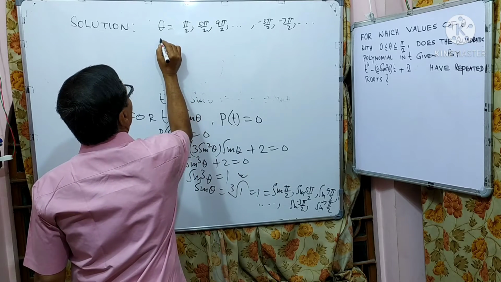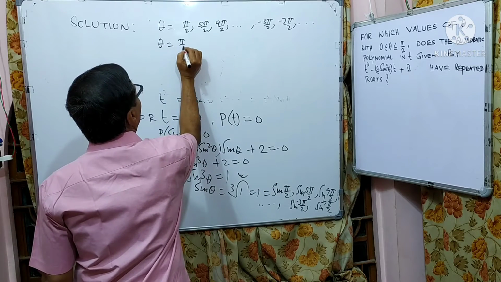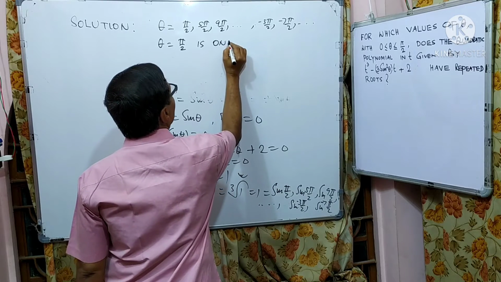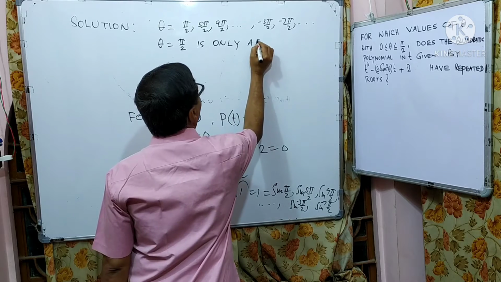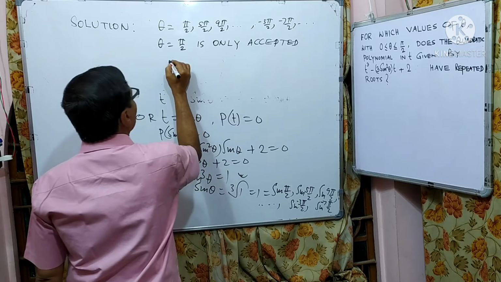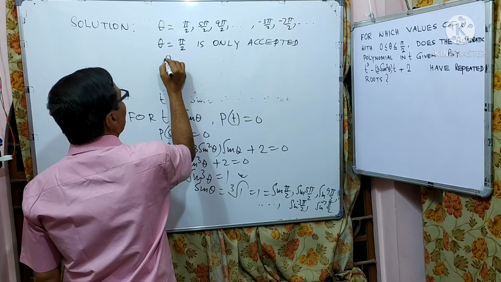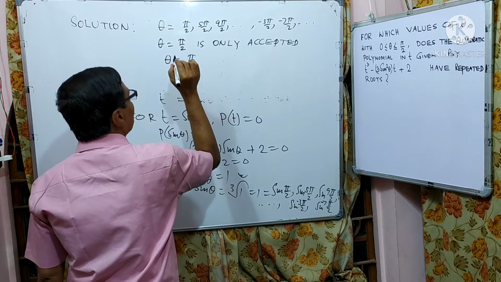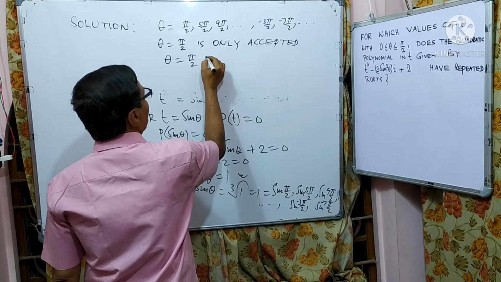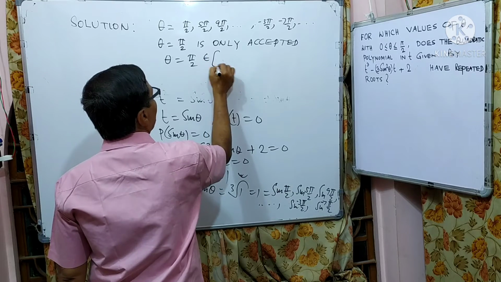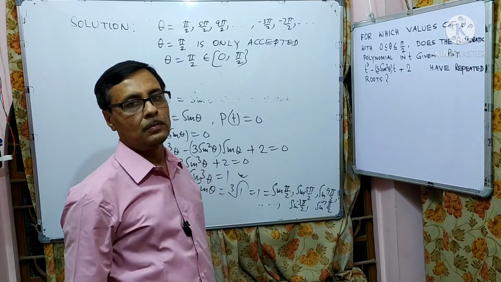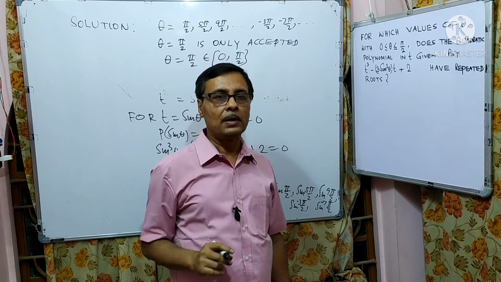So theta equal to pi by 2 is only accepted because theta equal to pi by 2 belongs to the closed interval 0, pi by 2.